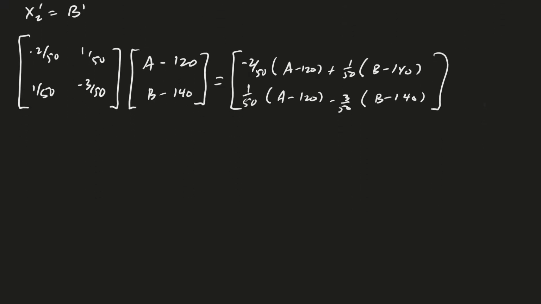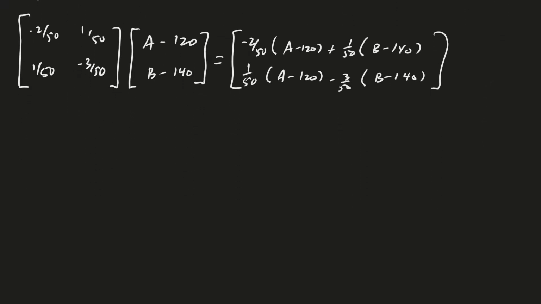Okay, so let's do some computations there. That's going to be equal to minus 2 over 50 times A plus 1 over 50 times B plus, let's see, 240 minus 140 divided by 50.